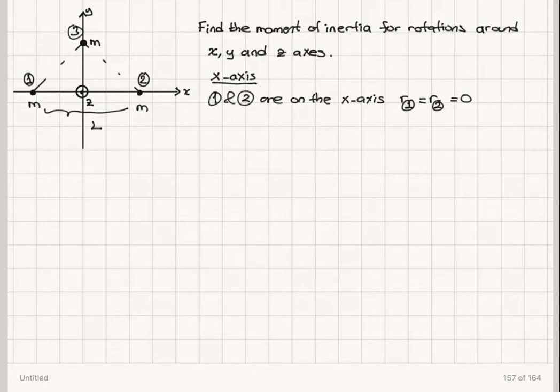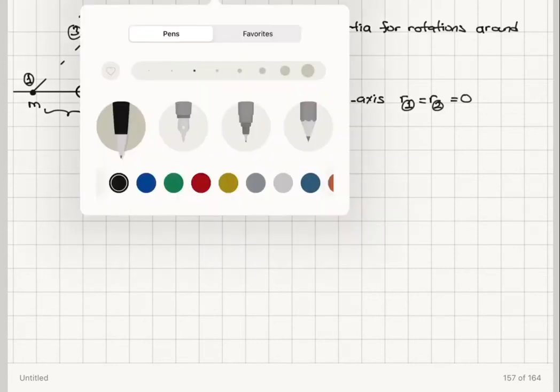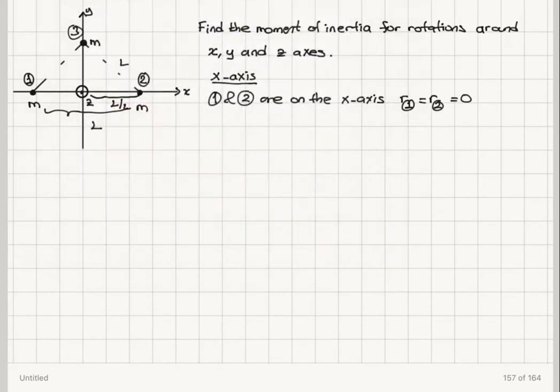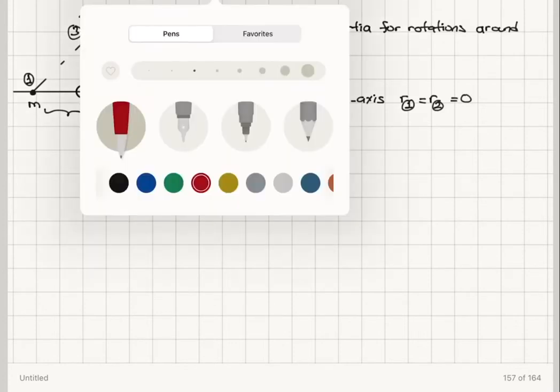Particle 3 is not on the x-axis, so here I have a distance L over 2. Here I have L. So I have to calculate what is the distance between particle 3 and the x-axis. That's this distance I have to calculate.